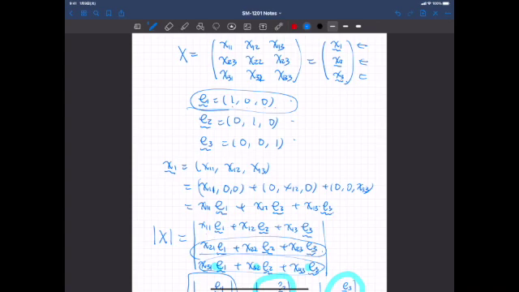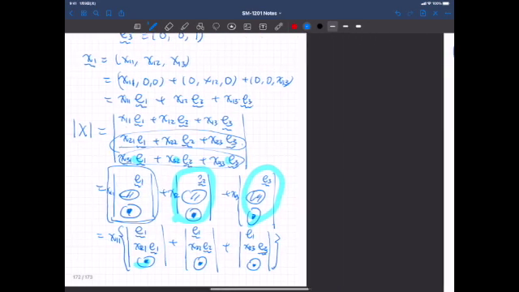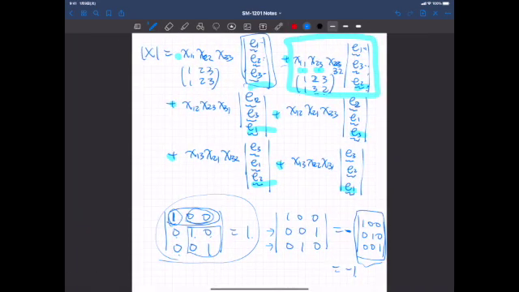Like E1 is 1, 0, 0, 0, up to like 100. And E2 has 1 only at the second place, and everything else is 0, and so on. And we can still apply the argument of those permutations. If we swap the rows, we have negative sign. And if we swap 2 times, then the negative sign is again negated to become positive sign, and so on.